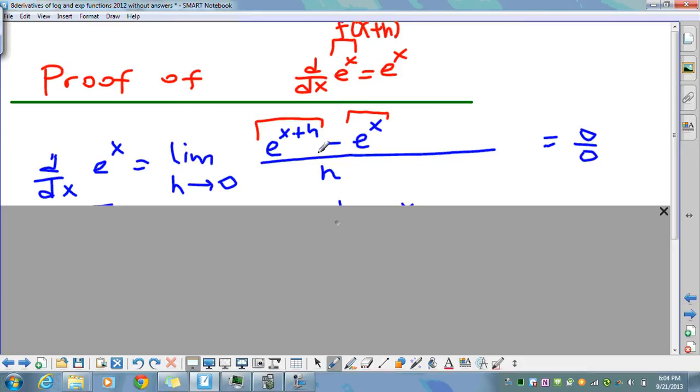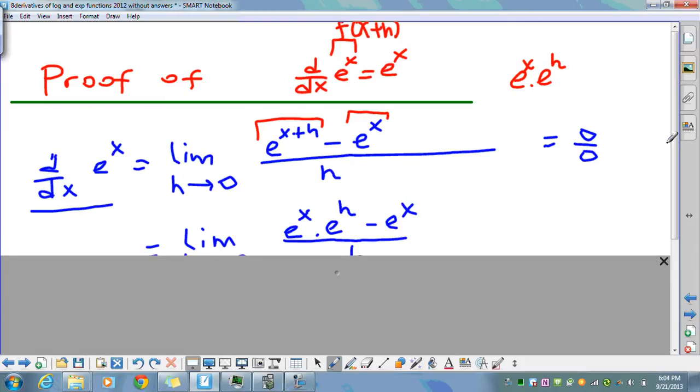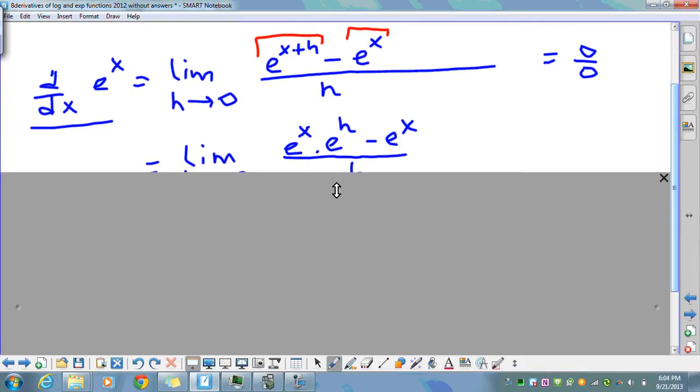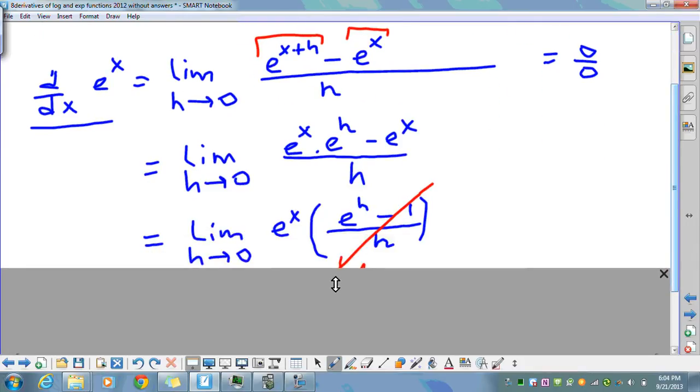Now this part right here, e to the x plus h, we can write it as e to the x times e to the h. Think about it. If you multiply them, you would have to add the exponents, right? And because this one has an e to the x and this one has an e to the x, you can factor it out in the next step. And you would be left with this.